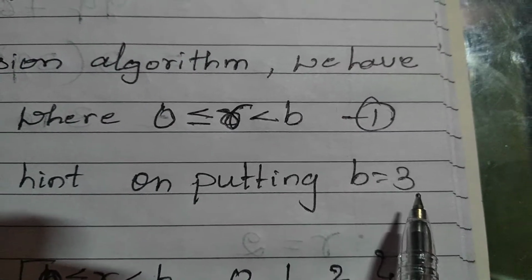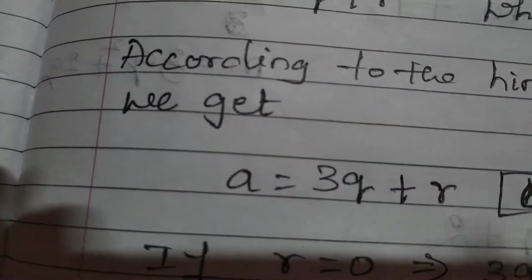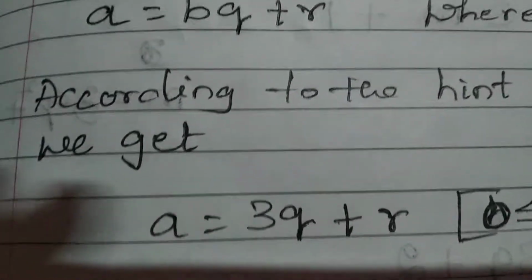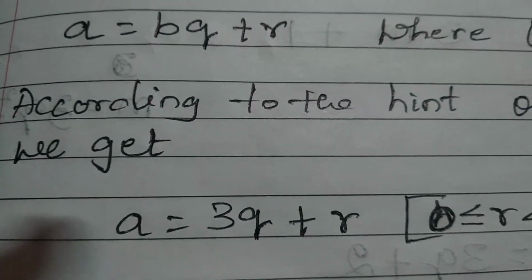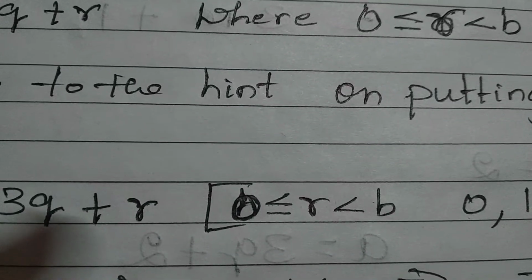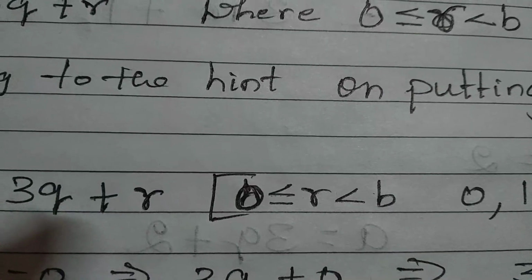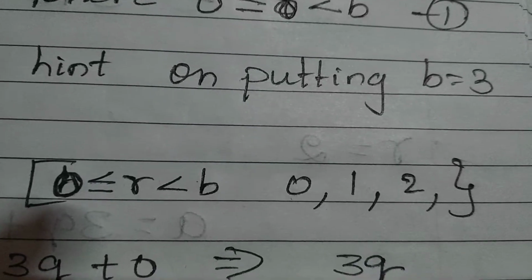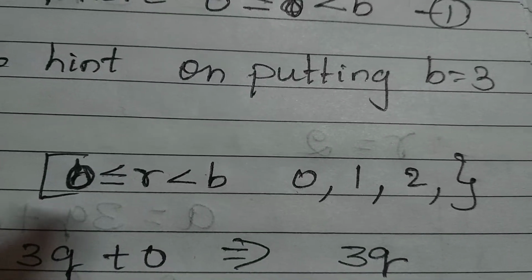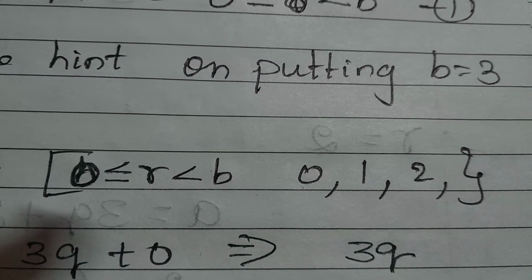So b is equal to 3. We apply the formula: a is equal to 3q plus r, where r is greater than or equal to 0 and less than b. So take 0, 1, 2. These are the r values.